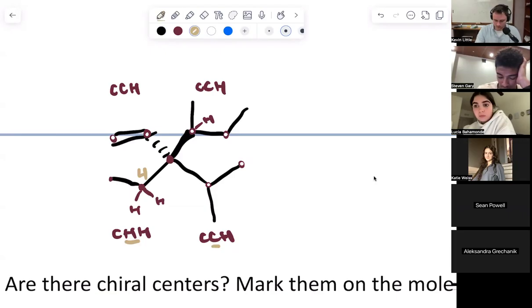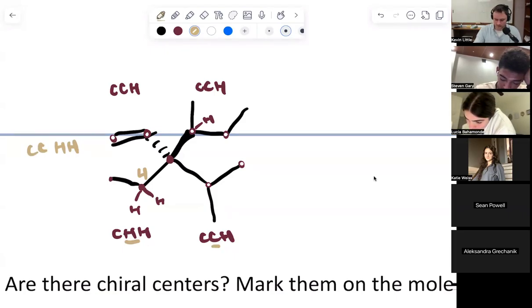Let's do these in gold. So this top left carbon, what is it bound to? Hydrogen. It's got two hydrogens and two carbons. So we'll do all four for these.